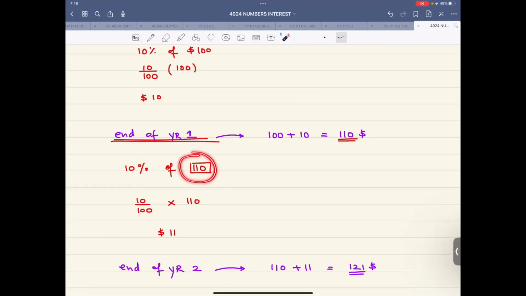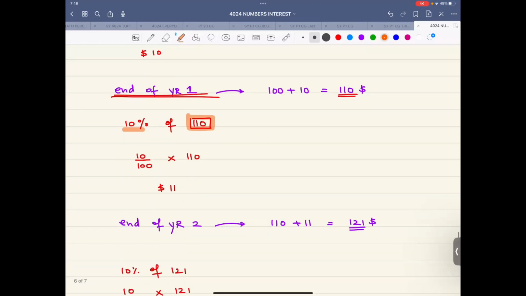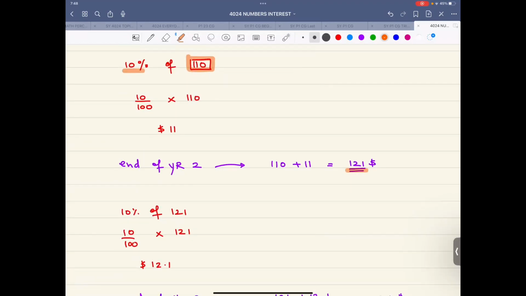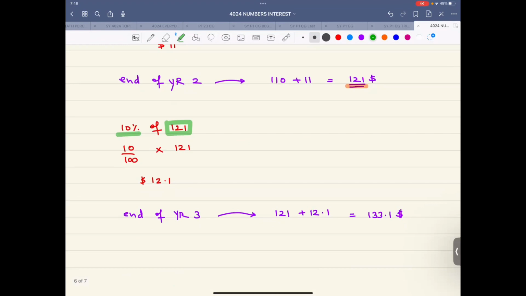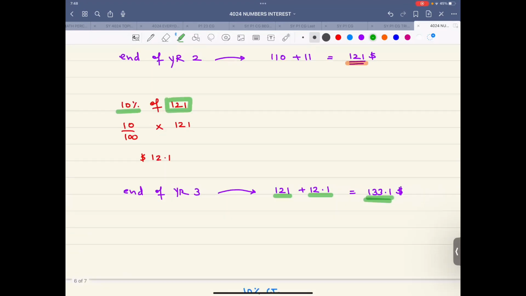But now in the next year, what is happening? In the next year, what we are doing is that we are taking this value from the last year and then taking the percentage. This amount is added to this, and that is $133.1.